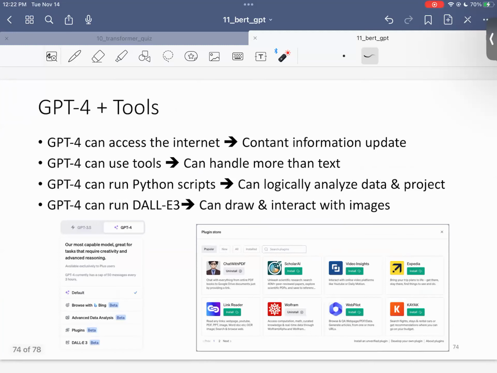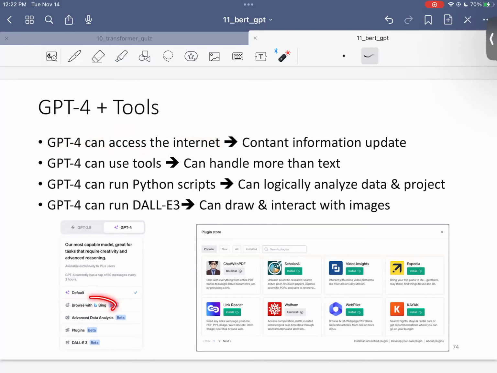And it has a lot of tools, actually. Since OpenAI's dev day, you can now have all these functionalities in one place. Before that, you had to use one functionality at a time. For example, if you wanted GPT-4 to access the internet, you had to use GPT-4 with Bing.